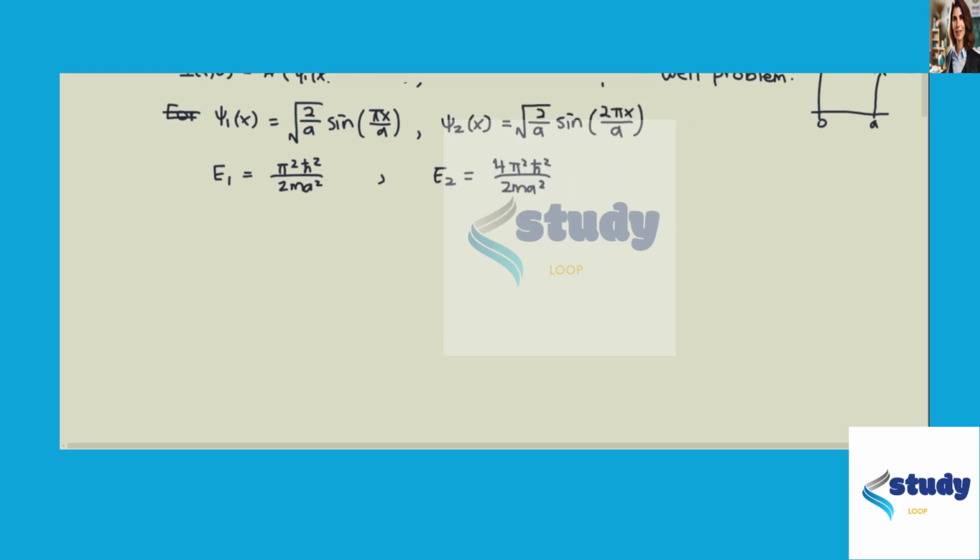In part A we want to find A, the normalization constant. We use the normalization condition, which states that the integral from negative infinity to infinity of the mod of big psi(x, 0) squared dx is equal to 1.